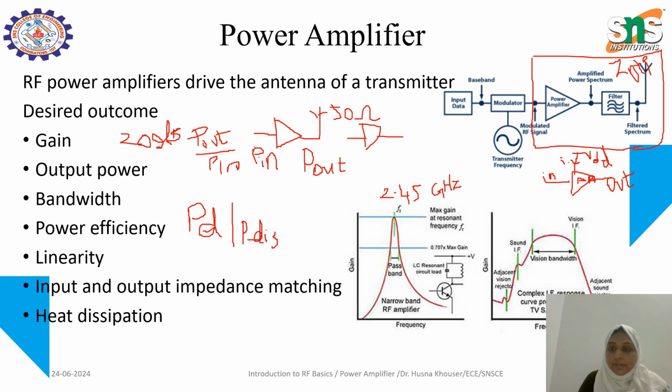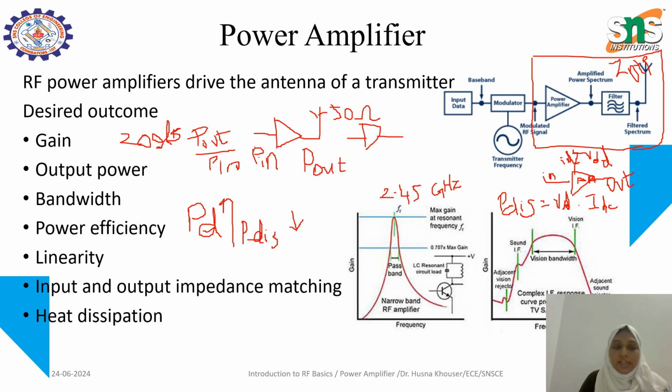So the power dissipated will be equal to the power input, that is the voltage source VDD into IDC. So when the power delivered is high, the power dissipation level will be low.